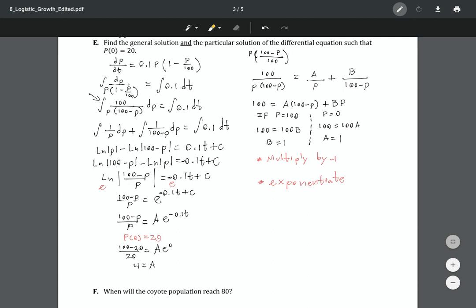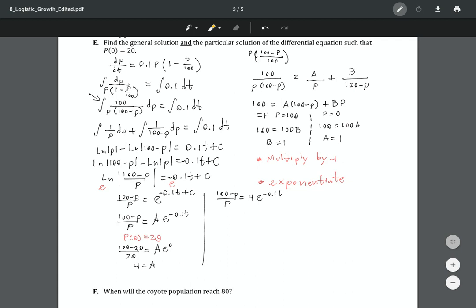All right. Now I'm going to continue on and try to basically get p by itself pretty much the same way that I did it earlier. All right. So now I have, I'm going to come over here to this side, and I have 100 minus p over p is equal to 4e to the power, all of that.